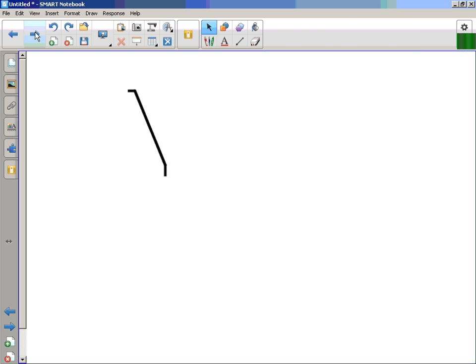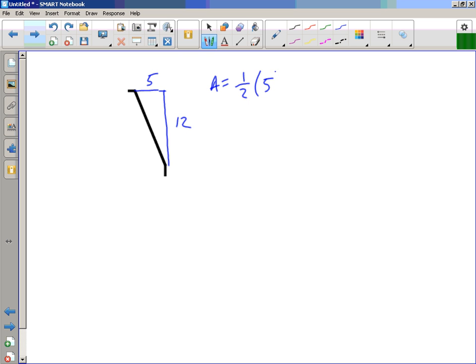Okay, and then the triangle, now that one was a little trickier. We had figured out that this was going to be 5 and 12. And so the area of a triangle is 1/2 base times height. These are base and height because this is going to be a right angle corner. And since it's a right angle corner, as soon as I get this done, I'm going to get 30 square feet.